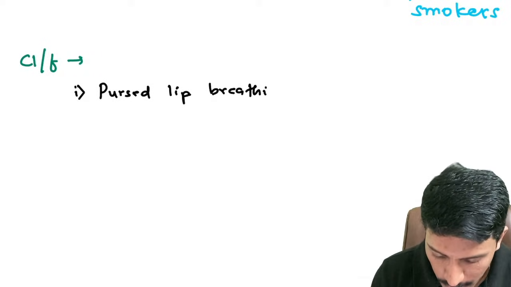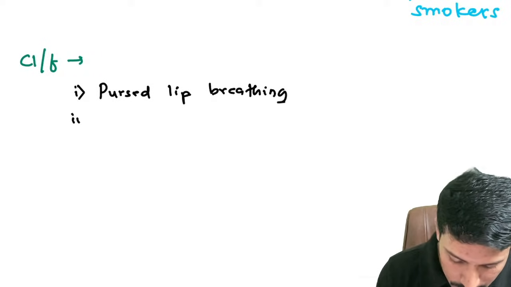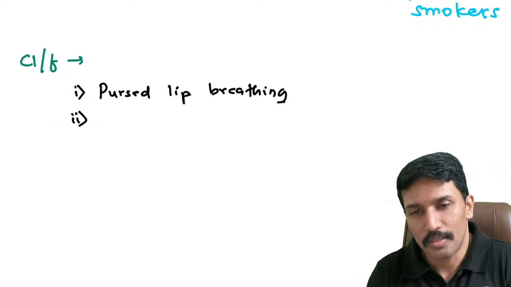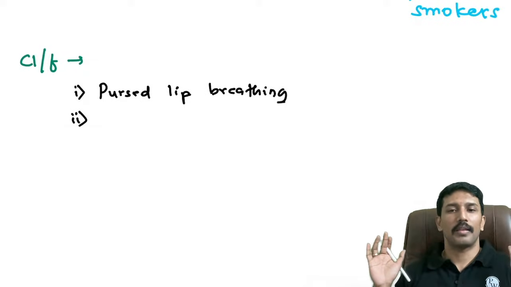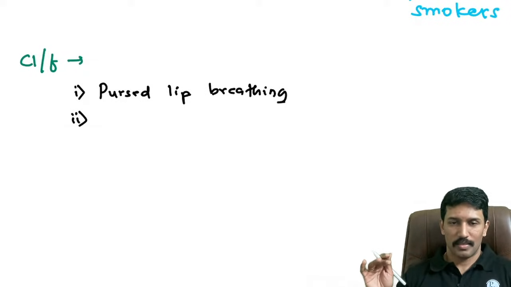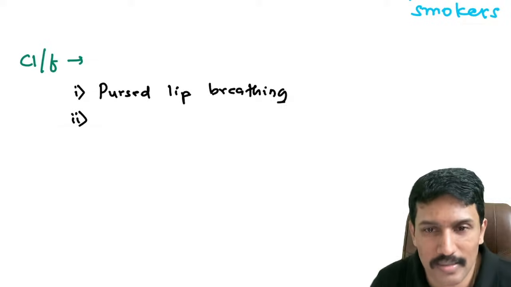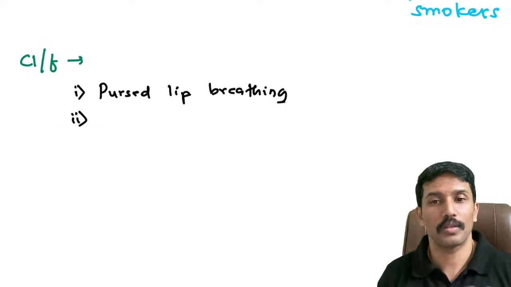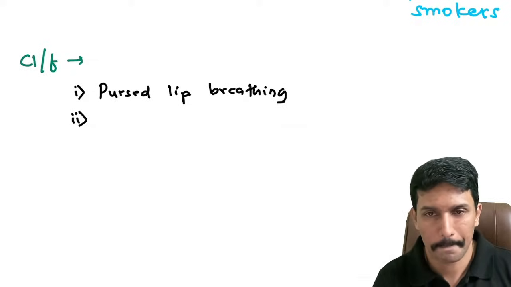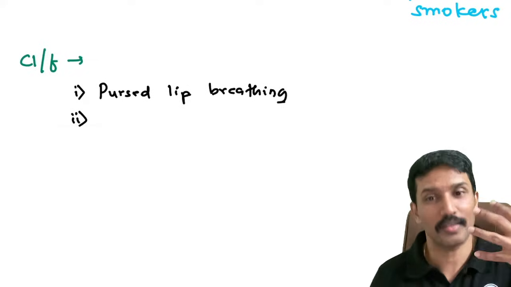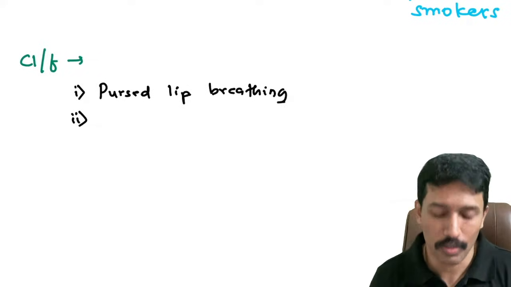Pursed lip breathing. Second thing they will do is, if you see the COPD patients, especially emphysema patients, they don't lean back and lie in the bed in the hospital if you go to take a case. They're always sitting, leaning forward, their elbows or hands resting on the thighs. We call this tripod position, because when they do that, the diaphragm is pushed up, and pressure inside the thorax increases. That helps them to exhale a little more easily.